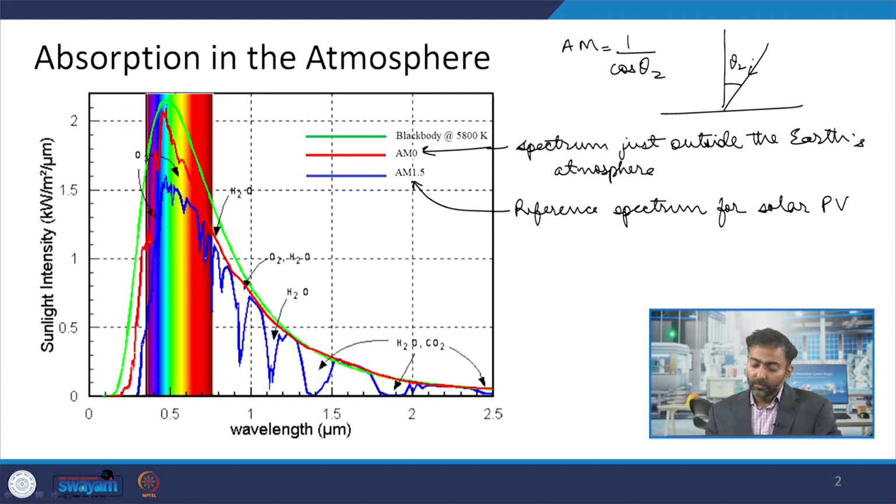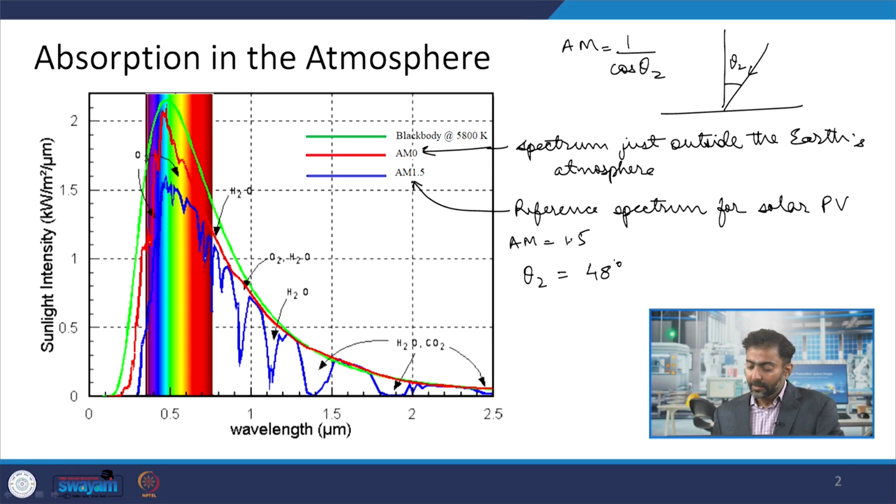If you consider the AM value equal to 1.5 and back calculate the zenith angle corresponding to this air mass, you will get somewhere around 48 degrees of theta z corresponding to AM 1.5. Now the question might arise in your mind: why is this particular zenith angle, or this particular air mass 1.5, being considered as the reference spectrum?